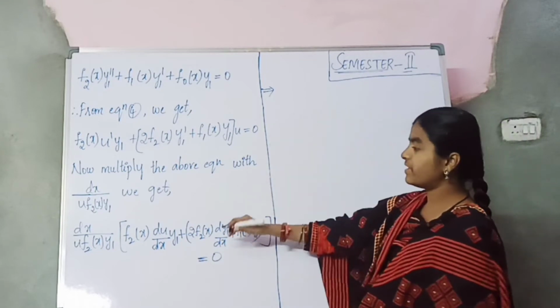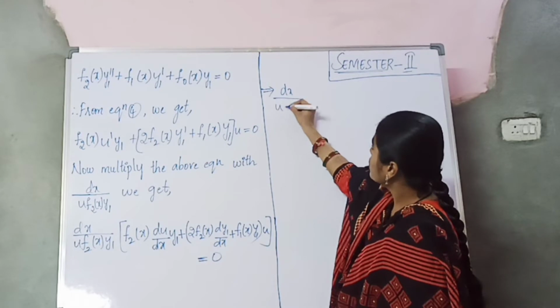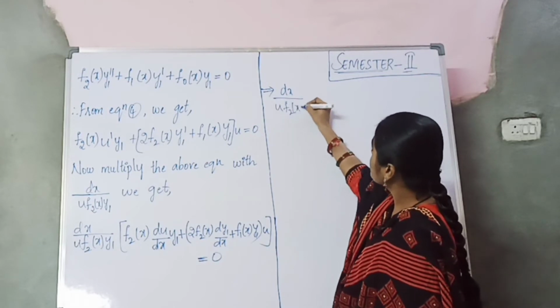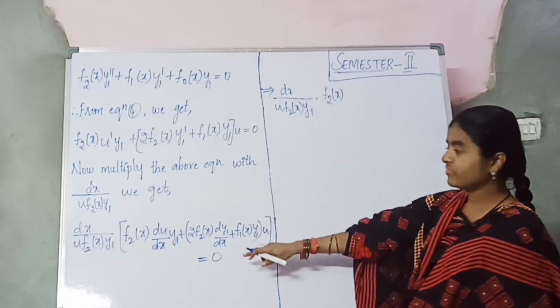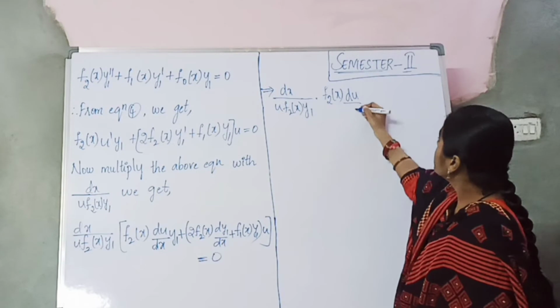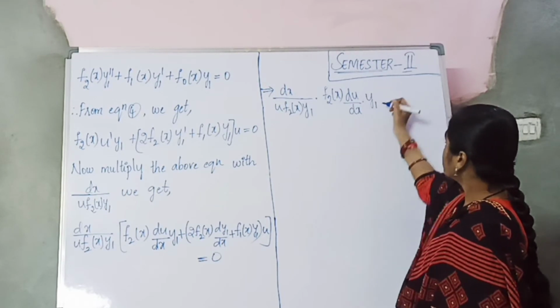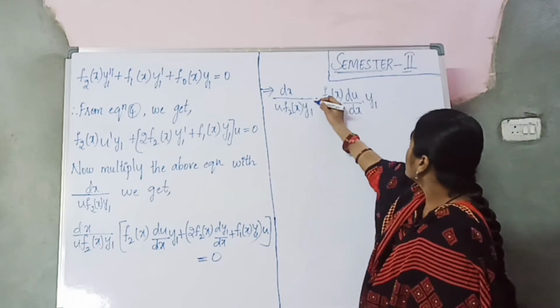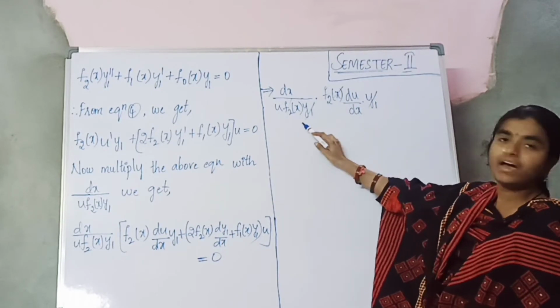So dx by u f2(x) y1 into f2(x) into du by dx into y1. Here both y1 are cancelled, and both f2(x) are cancelled.